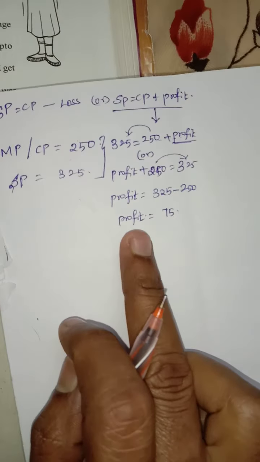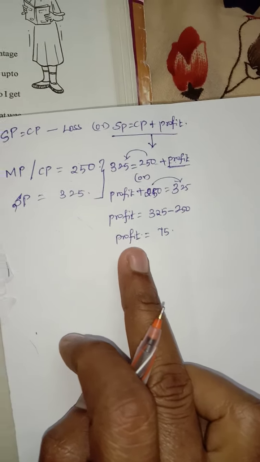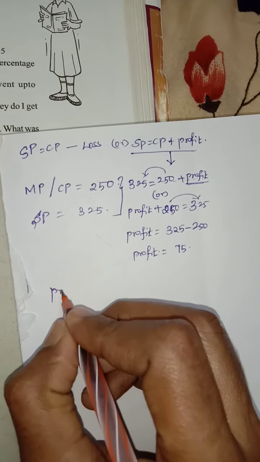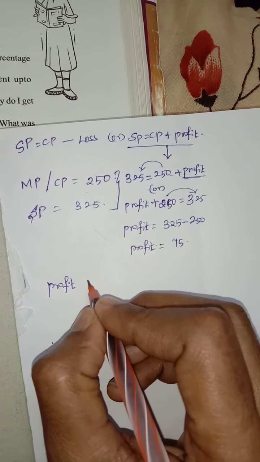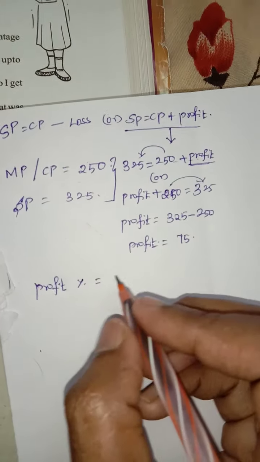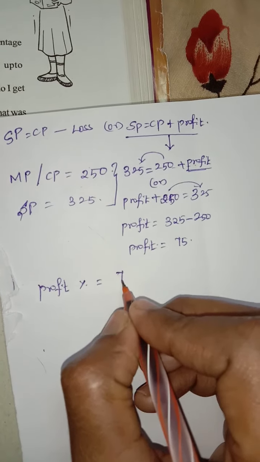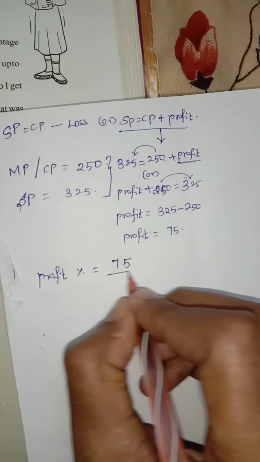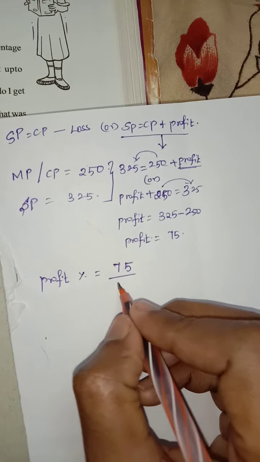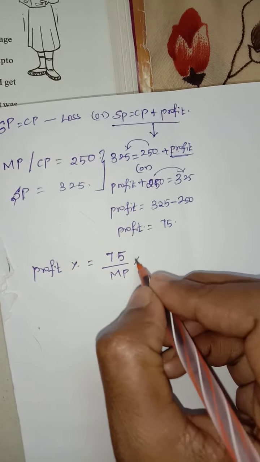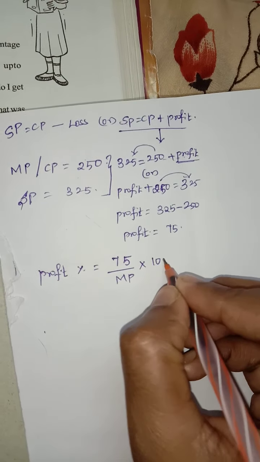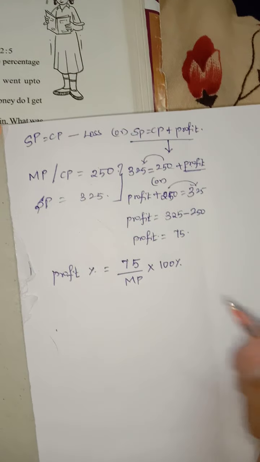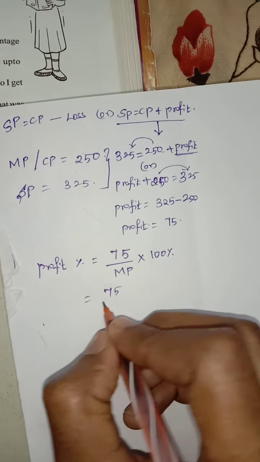And for this we want to find the percentage. How to find the profit percentage? Profit amount divided by the cost amount, into 100 to get the percentage. So what is that? 75.